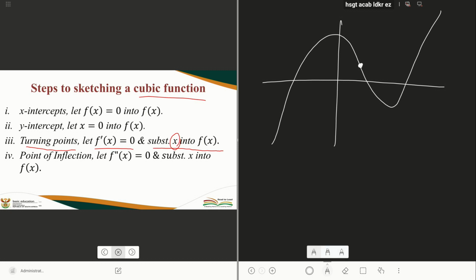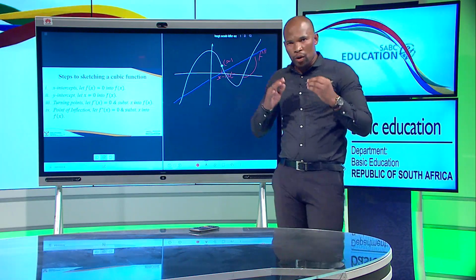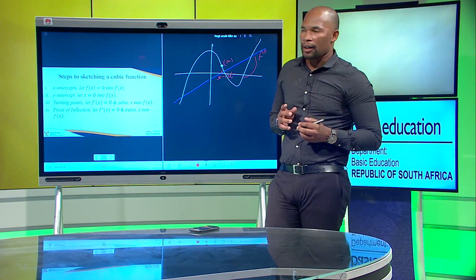When I draw the second derivative function, you will discover that the x value of the point of inflection becomes the x-intercept of the second derivative graph.